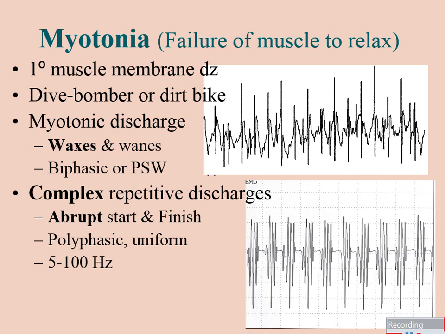Some of them can be more harsh, and they do sound more like a dirt bike, kind of bing-a-ding-ding sounding. But they're very repetitive. Sometimes the waveform changes, and that gives you that variation in the sound, because you have multiple ones there. And sometimes one of them will cut off as one fiber stops firing, and then the sound changes. Other times they can be very rhythmic and very consistent and a very buzzy kind of sound.